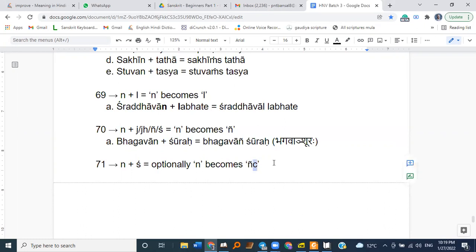Basically, we just add Cha one time, and one time we don't. So one form is this Bhagavan Shuraha by Sutra 70th, and optionally by 71st we'll have another form, Bhagavan Shuraha. So this is one form and this is another form.